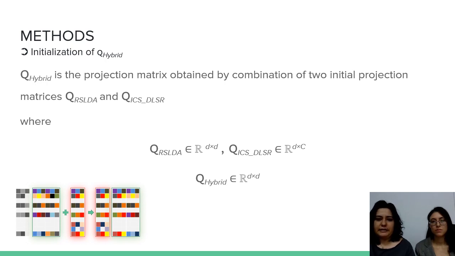Previous work takes a concatenation operation, such that a part of QRLSDA is taken and appended to QICS DLSR as shown in the left bottom figure. The dimensionality of these matrices is given, where C is the number of class labels.